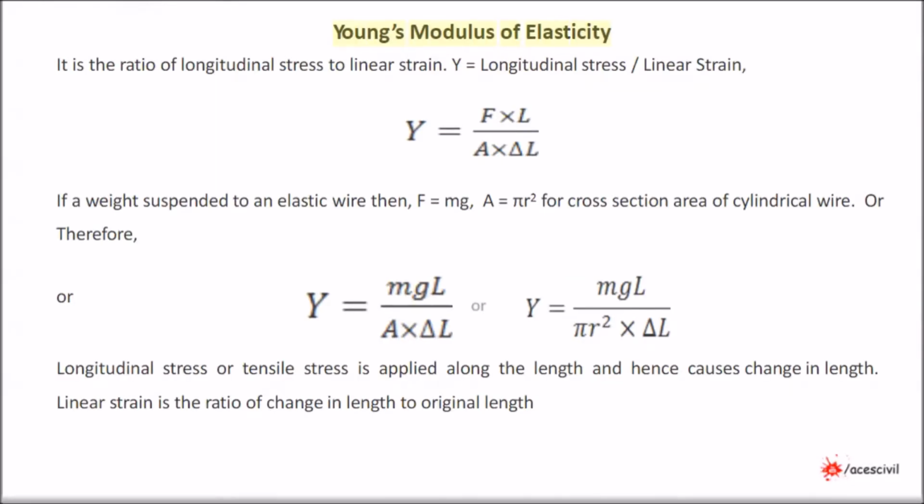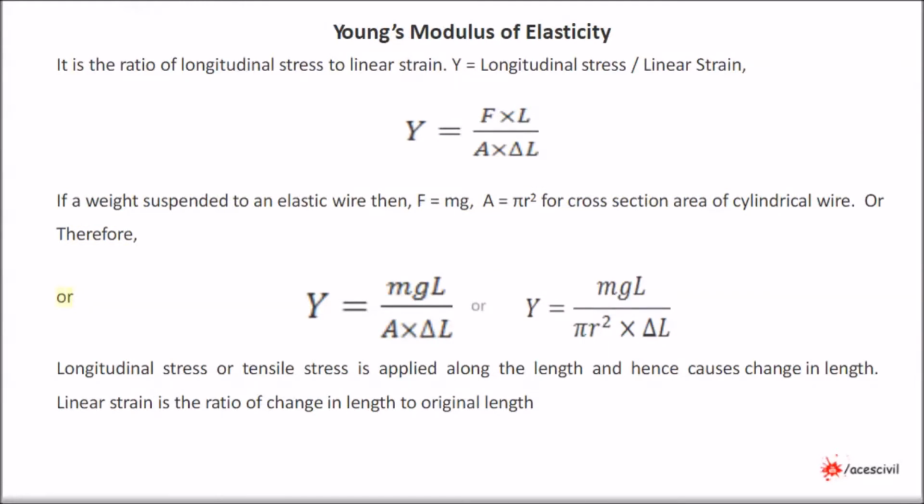Young's modulus of elasticity. It is the ratio of longitudinal stress to linear strain. Y equals longitudinal stress over linear strain. If a weight is suspended from an elastic wire, then F equals mg, and A equals πr² for the cross-sectional area of a cylindrical wire.